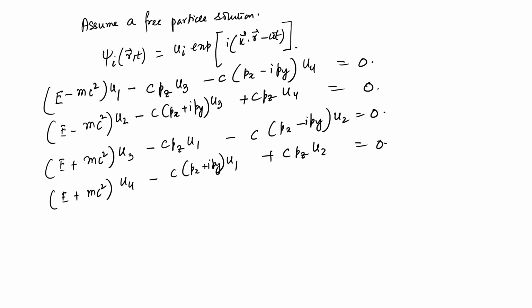Okay. So these are 4 by 4 equations. Now, they have a unique solution only when the determinant of the coefficient matrix is 0.